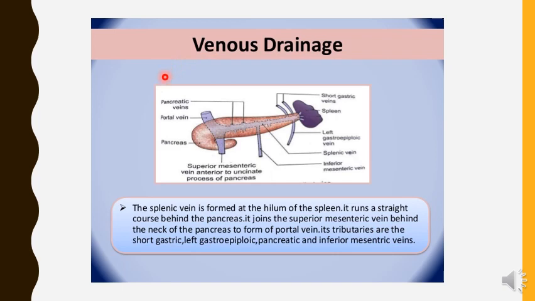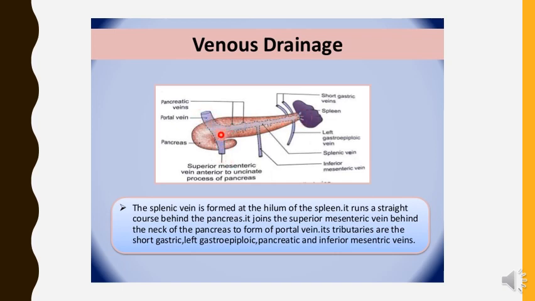Then coming to the venous drainage, the splenic vein is formed at the hilum of the spleen, and it runs a straight course behind the pancreas. That's why it is represented as a dotted line, and it joins the superior mesenteric vein to form the portal vein.